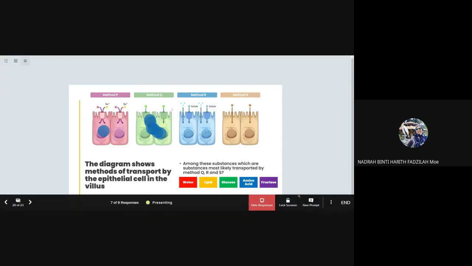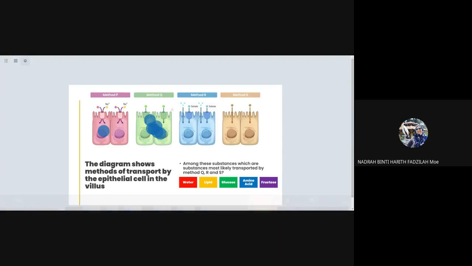Untuk method P ni anak-anak, method P ni adalah active transport. Kita akan belajar nanti dalam digestion, walaupun kita initially angkut glucose masuk ke dalam salur darah daripada villus, glucose tu initially transported using facilitated diffusion.